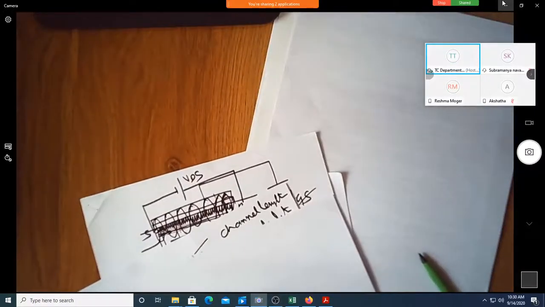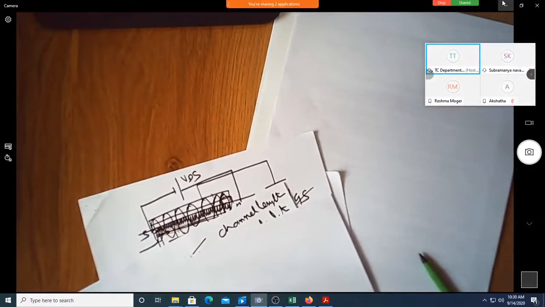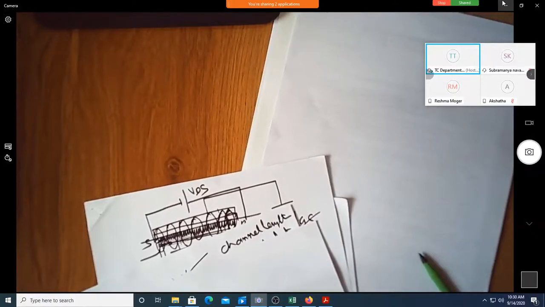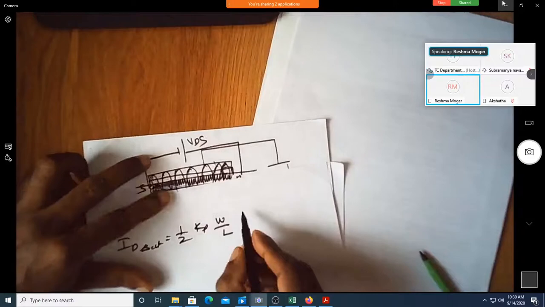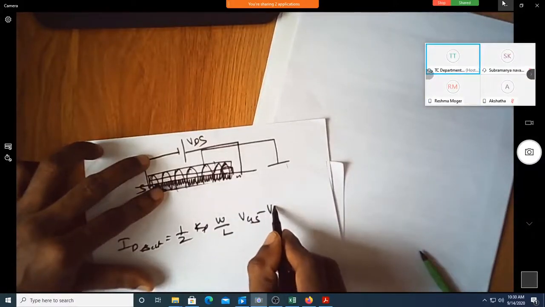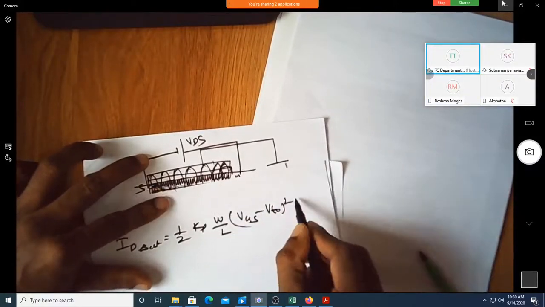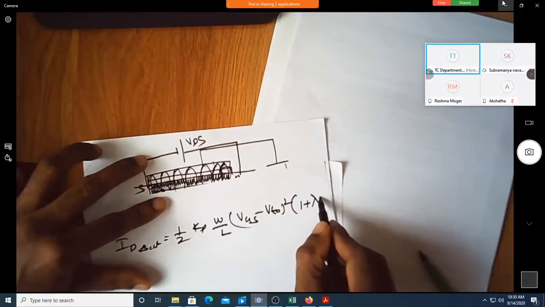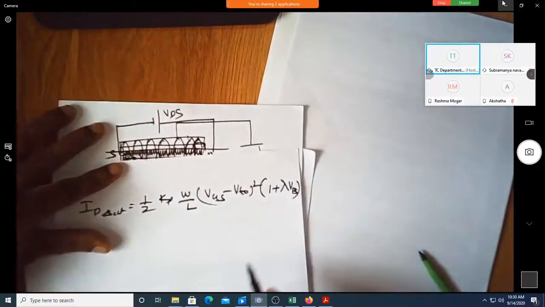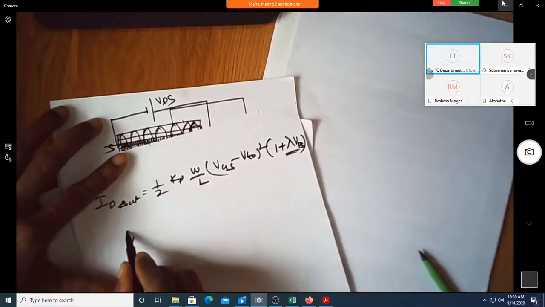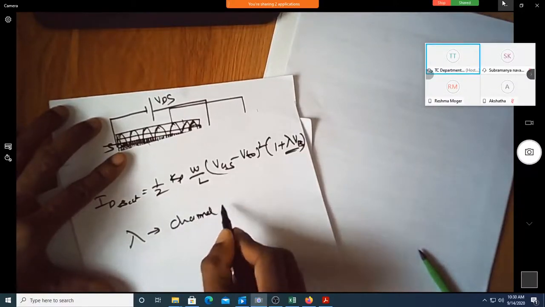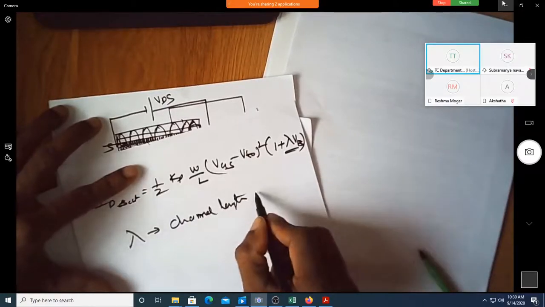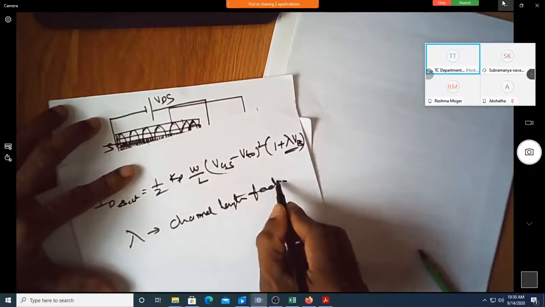ID sat is now given by half Kp W by L, VGS minus VTO whole square, 1 plus lambda VDS. So this lambda is the channel length modulation factor.